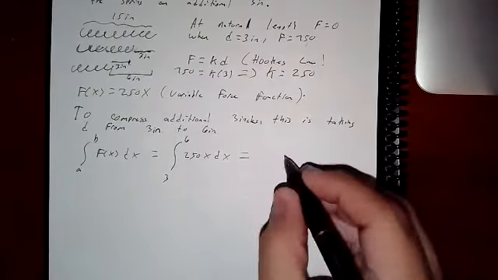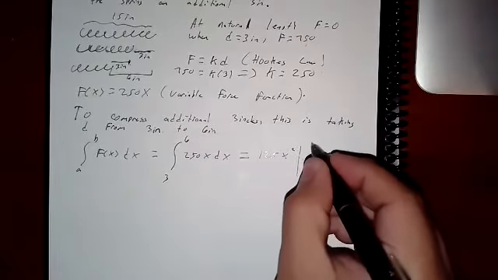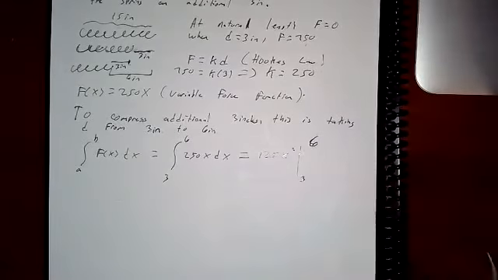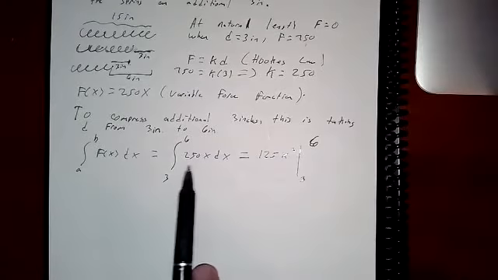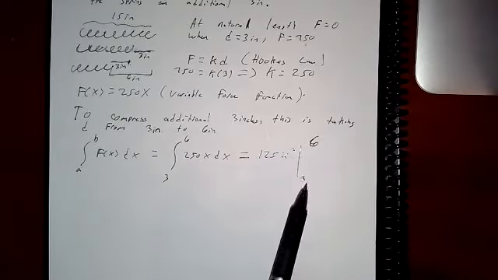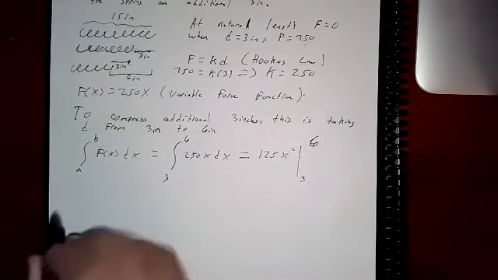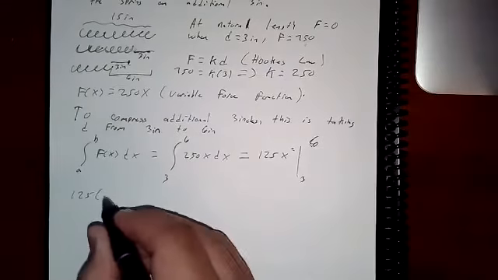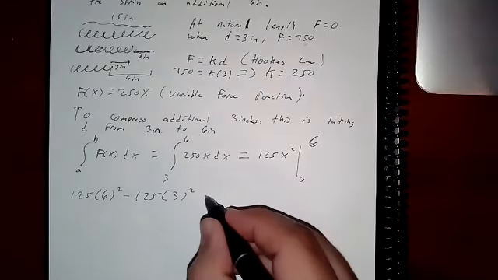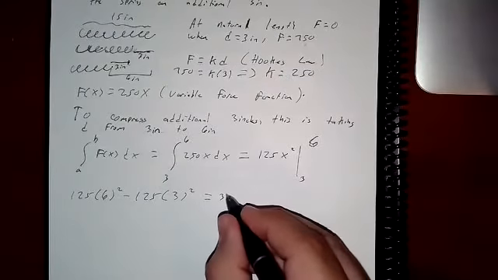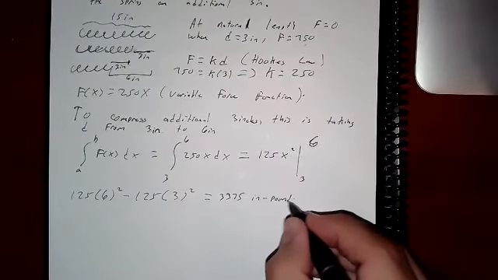So then when you integrate it, what do you get? Add 1 to the power and divide, so 125x squared. Now do your values, and you should get 125 times 6 squared minus 125 times 3 squared, which is 3,375 inch-pounds of work.